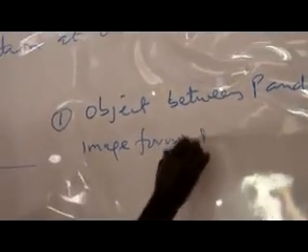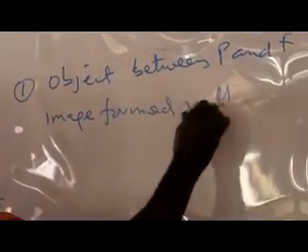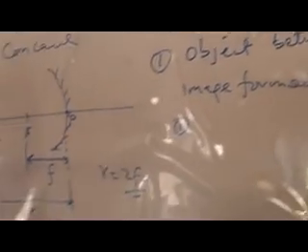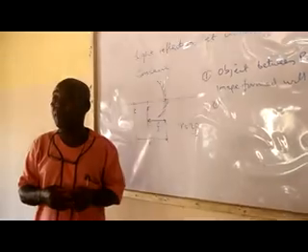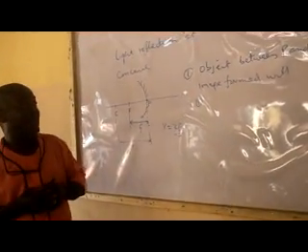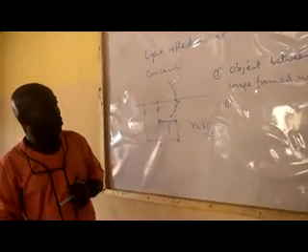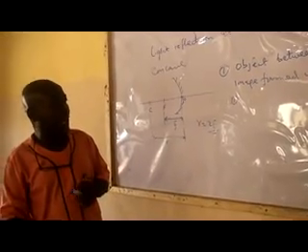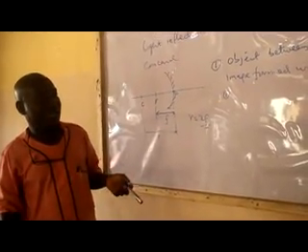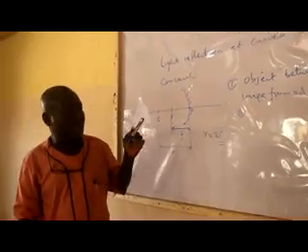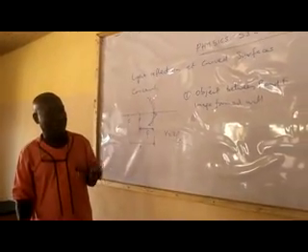You may be asked in an exam, with a good labelled diagram: describe the property of the image formed by a concave mirror when an object is placed between P and F. You have to draw a diagram and then describe it. Today I'm describing it. The diagram will be later when you resume.